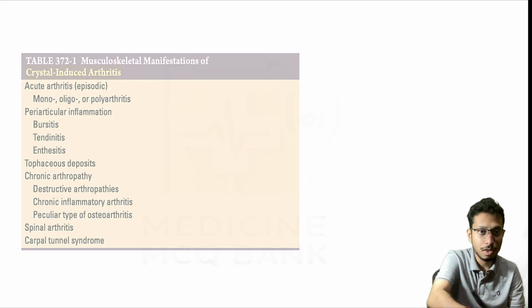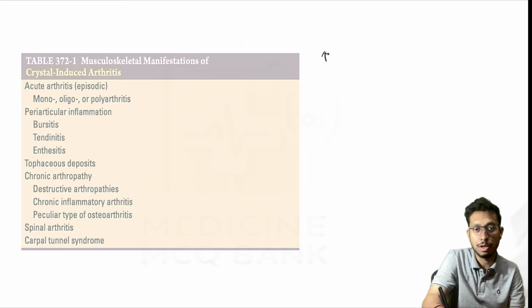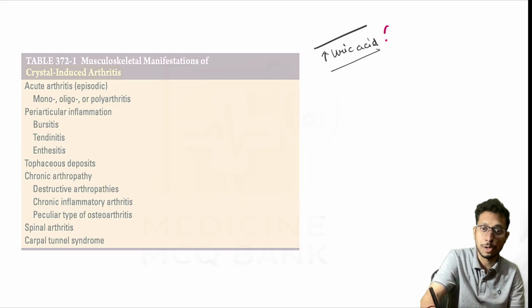So, what is gout? Gout is a disorder in which there is a high level of uric acid in the body. That is the most important thing you need to know. So high level of uric acid is a prerequisite.